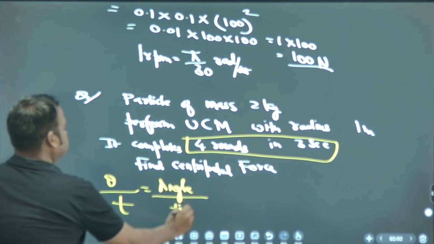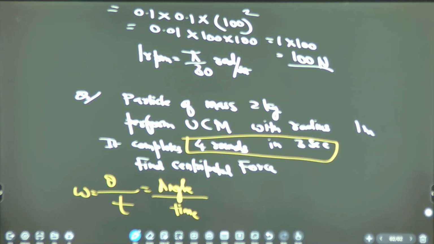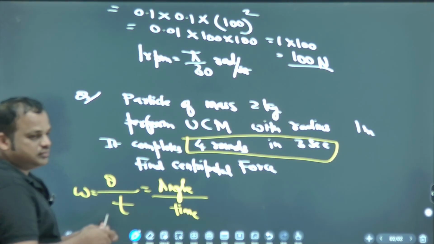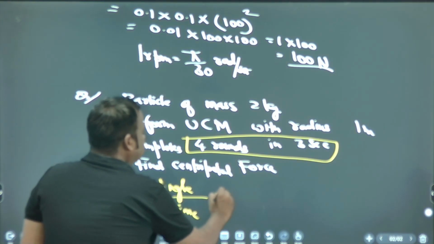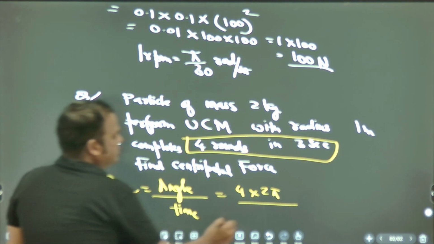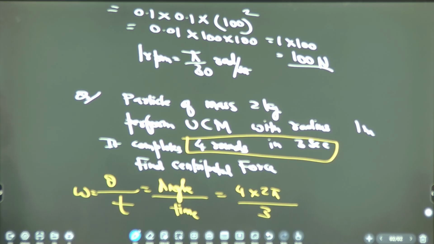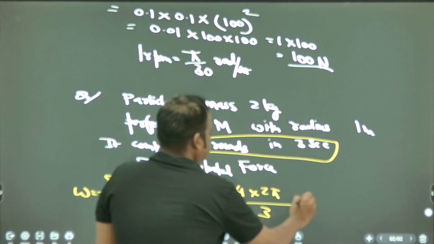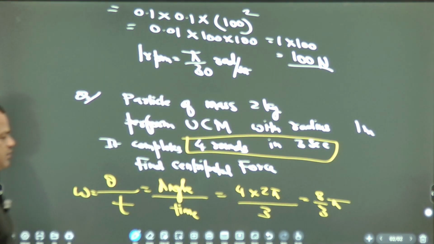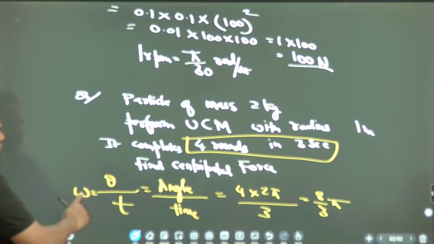So 4 rounds, what is the total angle? 4 into 2 pi, very good, and time taken is 3 seconds. So what is omega? 8 by 3 pi. Okay, clear? Are you getting this? So omega is equal to theta by t, angle upon time.